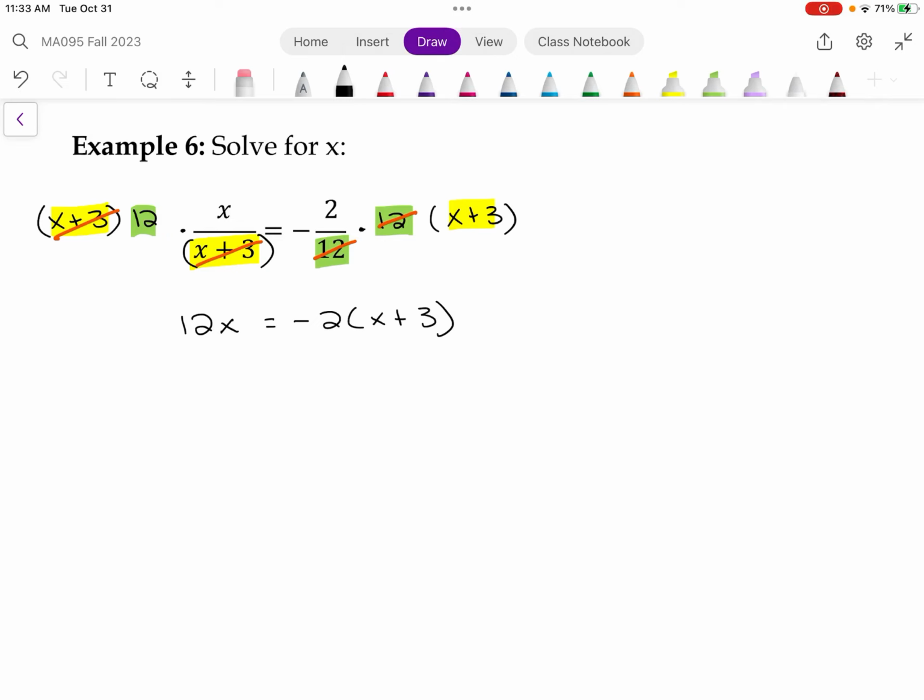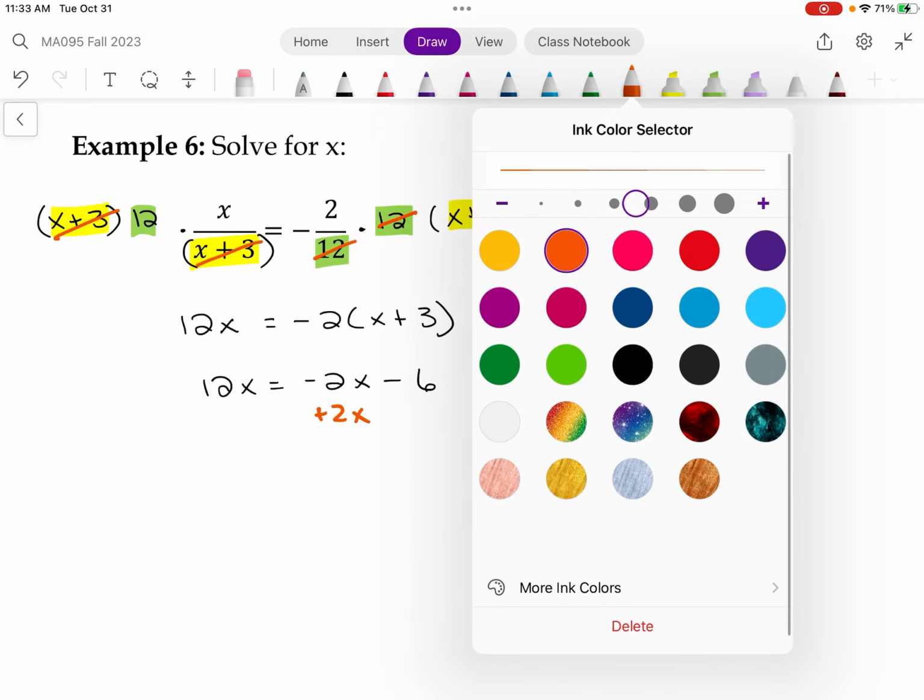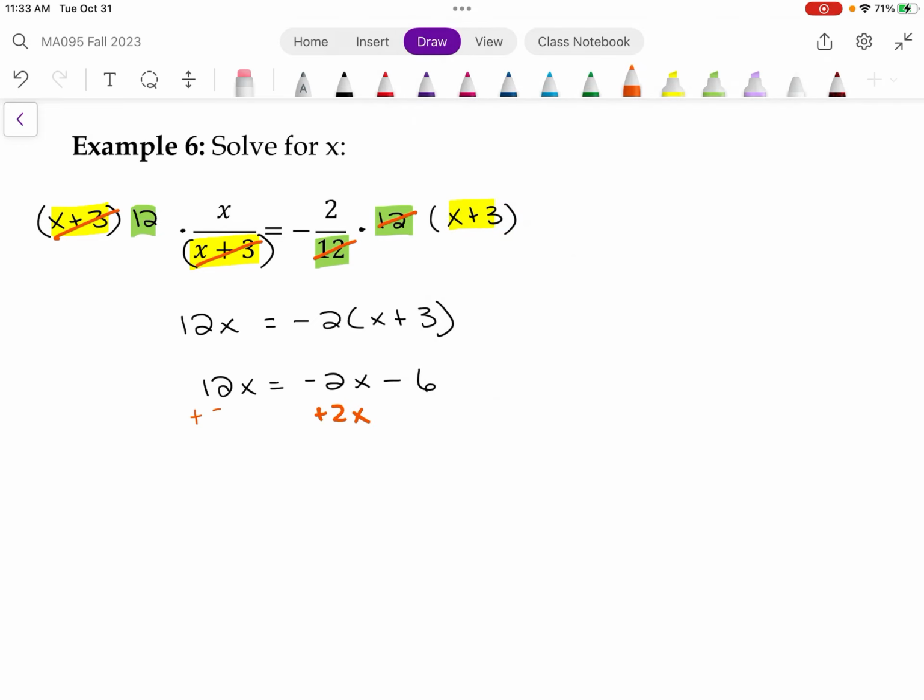All right, so let's distribute. 12x equals -2x minus 6. I'm going to now add 2x to both sides. Add 2x to both sides, and we get 14x equals -6. Watch your negatives. All right, next we want to divide both sides by 14.